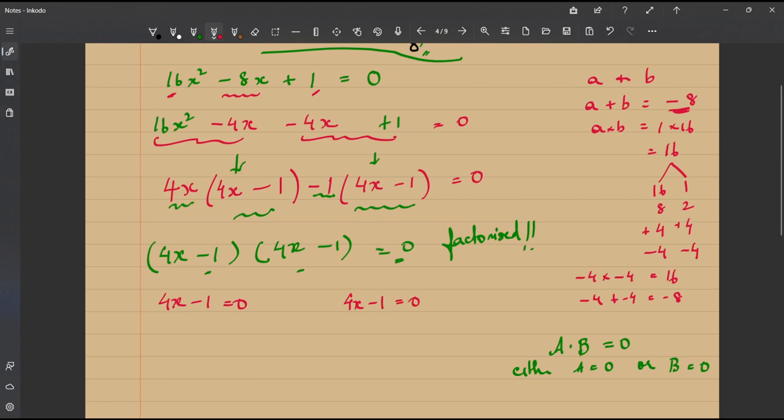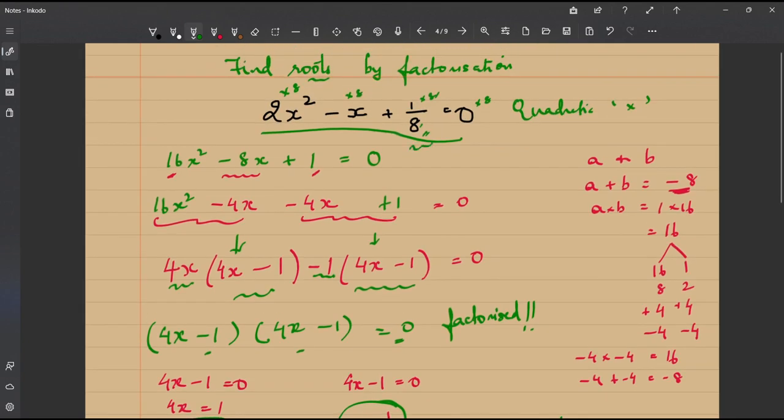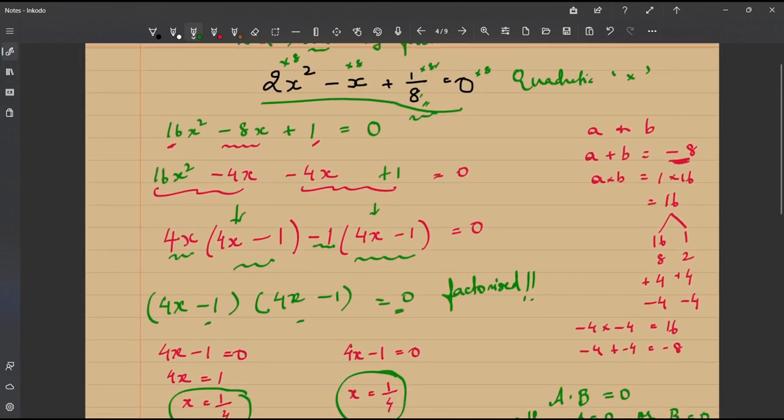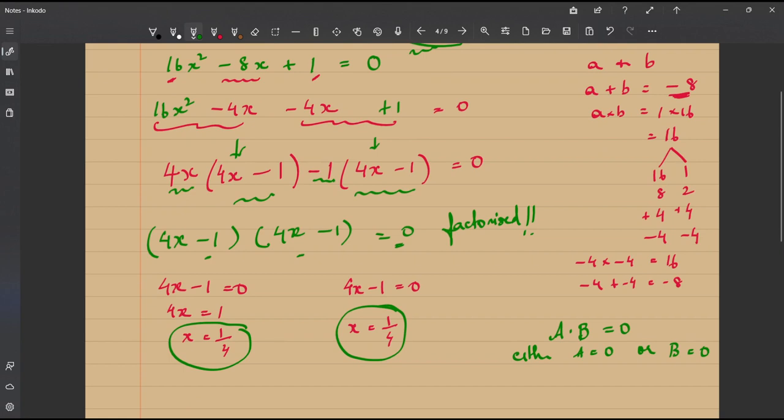So we have repeated roots. 4x is equal to 1, or x is equal to 1 by 4 in both the cases. So you have repeated roots, x is equal to 1 by 4 and x is equal to 1 by 4. I hope in spite of having a fraction in your quadratic equation, we have succeeded in finding the roots of the equation very easily.